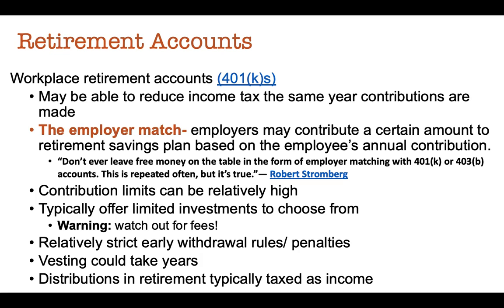You're not 100% vested until, say, 5 years, 8 years. It just depends on the company, what vesting options they offer. That means if you were to leave the job early, you're not going to take 100% of those employer matches with you unless you are 100% vested. So that can also be a little bit of a downside if the employer has a vesting schedule.